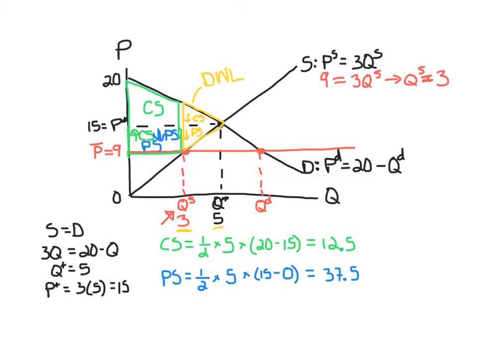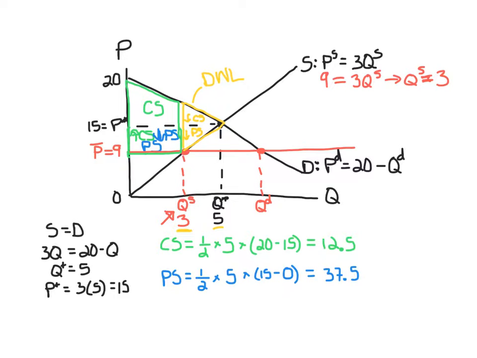On the other hand, producers are definitely worse off because they lost this triangle, this part of the deadweight loss, because of the fewer transactions. And for the transactions that still happen, the producers now earn less money, so they're losing surplus there, right? So it's a lose-lose for the producers.